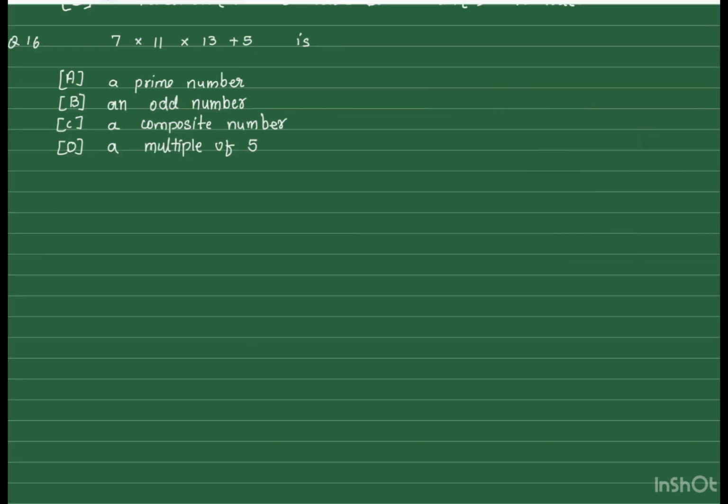Question number 16. 7 into 11 into 13 plus 5 is a prime number, an odd number, a composite number, a multiple of 5.